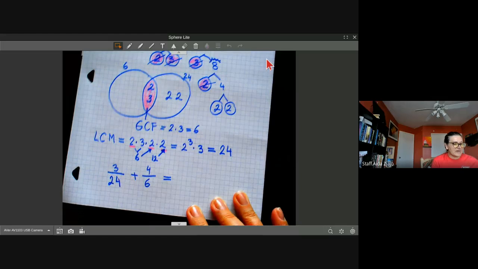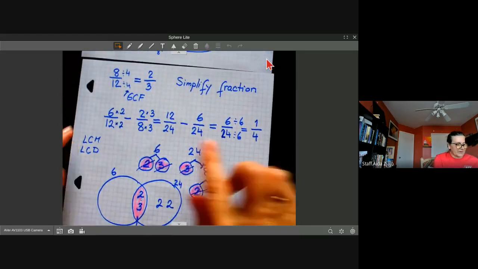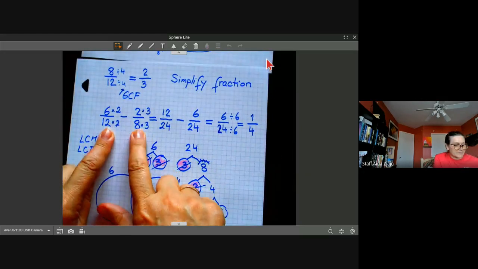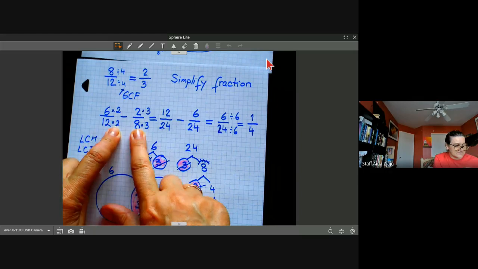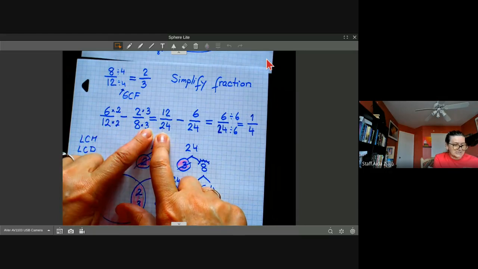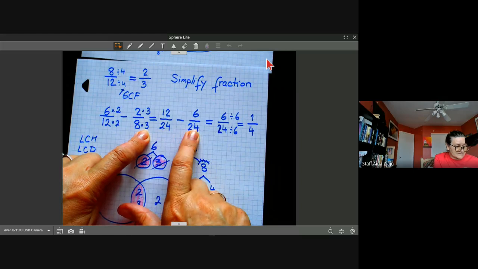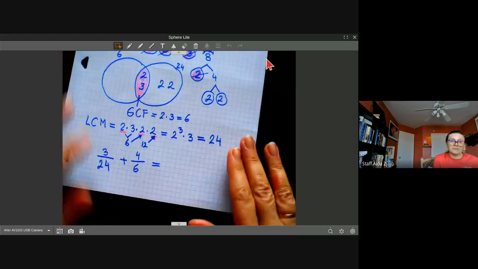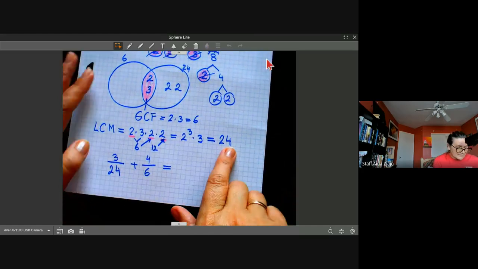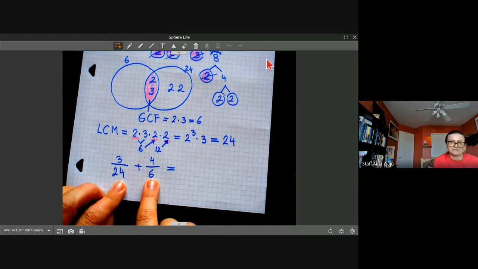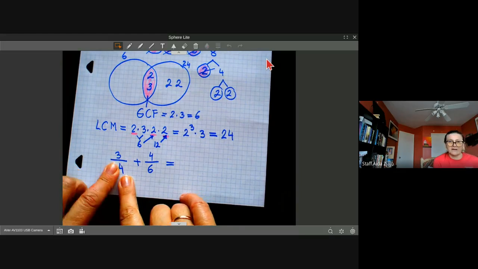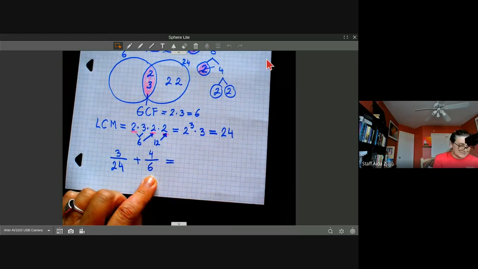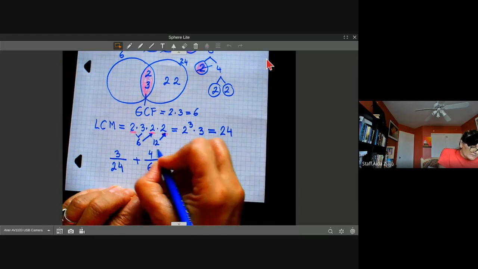So remember how I changed both factors in the previous problem. I changed the 12 to 24, and the 8 to 24. But here, if I know my least common denominator has to be 24, I don't need to change the 24. It's already there.